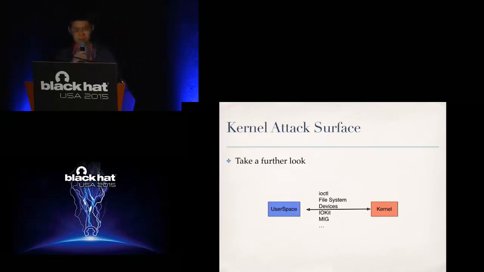And the device, the kernel will provide some functional devices in /dev/. Another big part is IOKit. Most functions are provided by these IOKit interfaces. And another one is the MIG system. We will discuss this later.